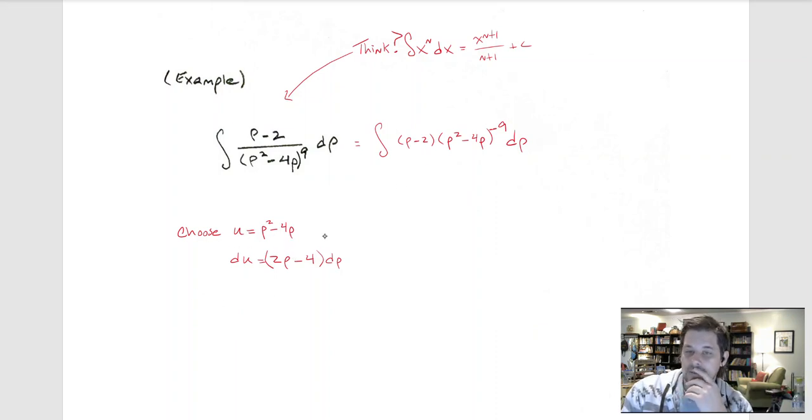So this sort of looks like it fits, but not exactly. So let me rearrange a little bit. Let's write this p squared minus 4p to the negative 9 power. I'm going to write this p minus 2 next to the dp.